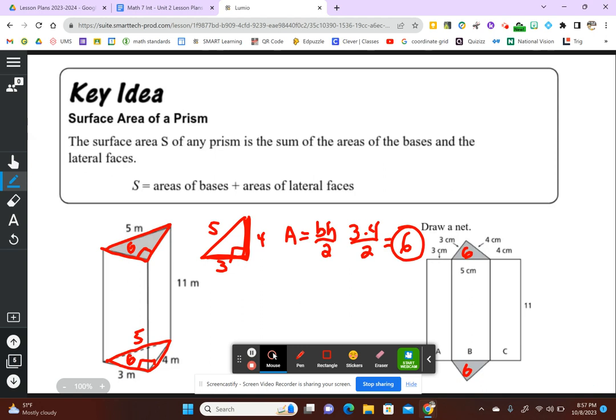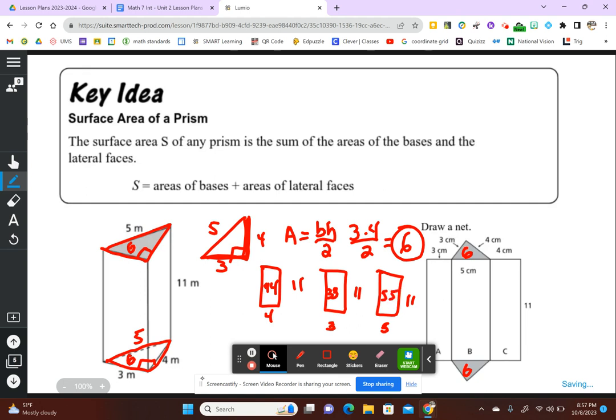Now, I have one rectangle that's 11 by 4, one rectangle that's 11 by 3, and one rectangle that's 11 by 5. So this is 44, this is 33, this is 55.